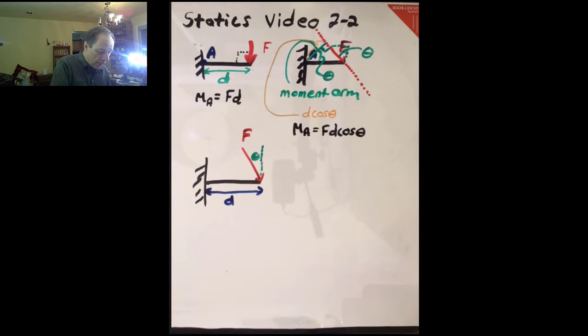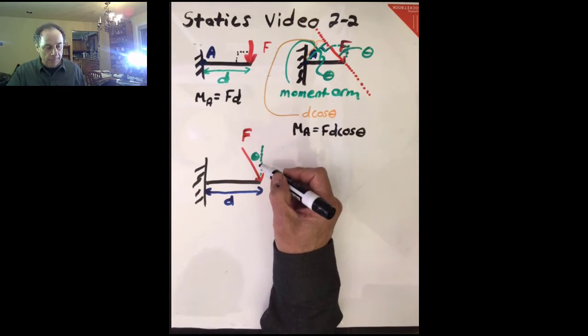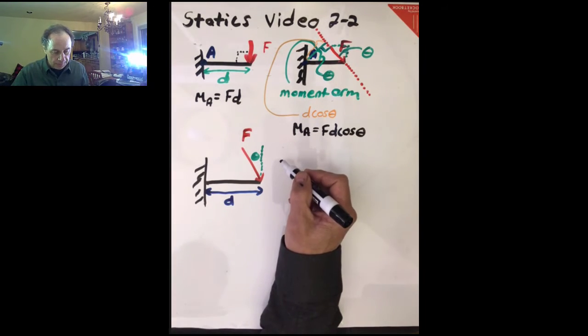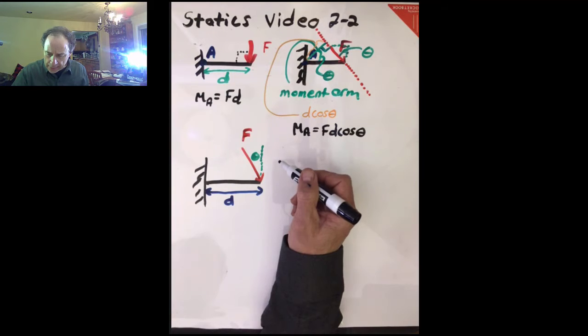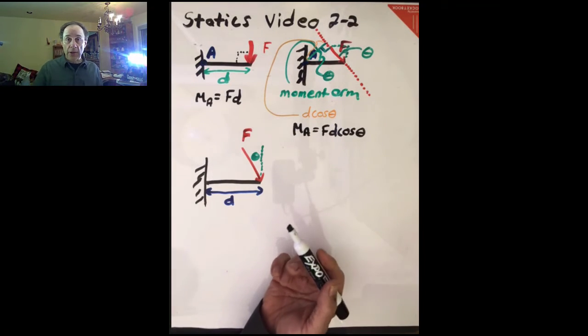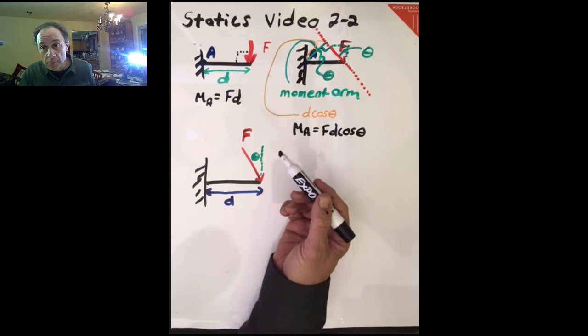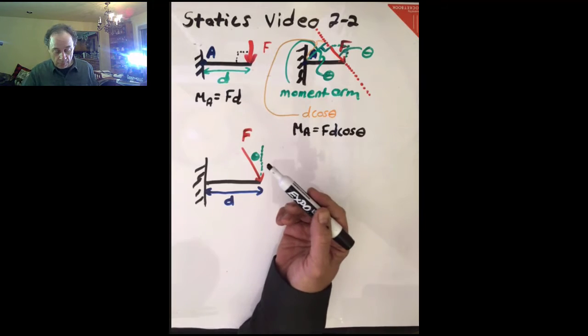Another way to look at this is to break the force up into components, and then do two separate problems. Look at the moment created by one component, then the moment created by the other component.